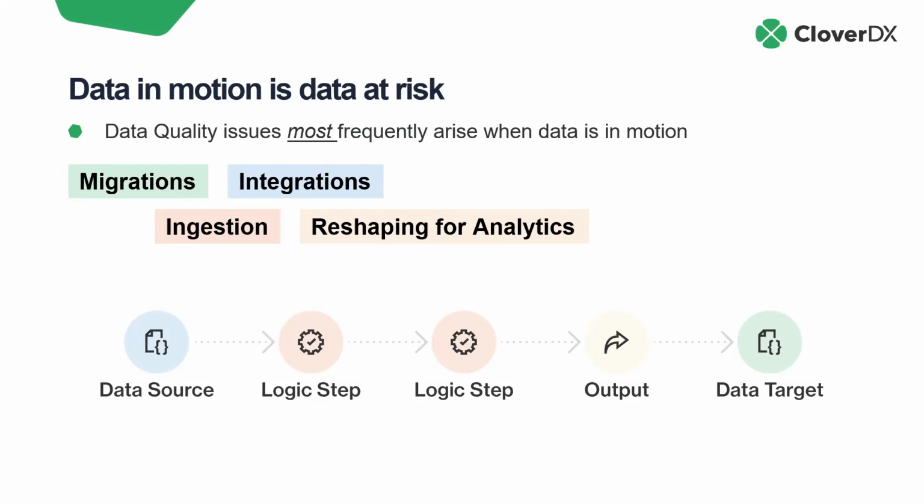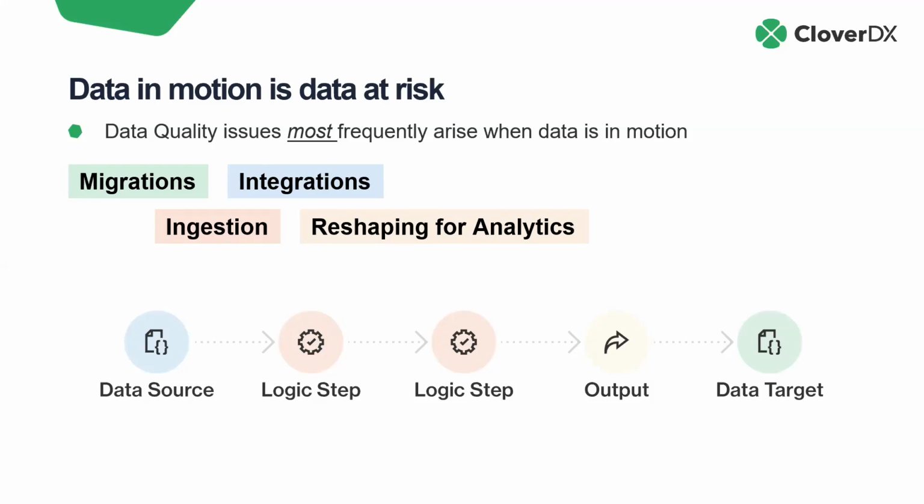There are, of course, times where static data can end up getting poor data quality, but for the most part, it's the movement of data, whether it's an integration, or you're ingesting new data into your system, or reshaping your data for use in some warehouse. It's the movement where the data is at higher risk.